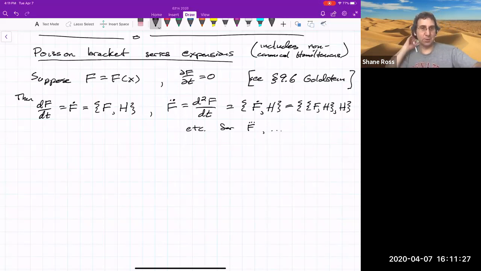This lends itself to a series expansion in time t to describe the function f as it evolves in time.